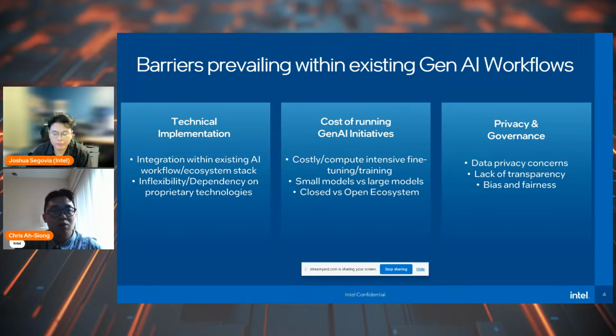And of course, when it comes to privacy, enterprises are concerned about data privacy, transparency, bias, and fairness issues, especially when it comes to the black box of closed ecosystems such as OpenAI.